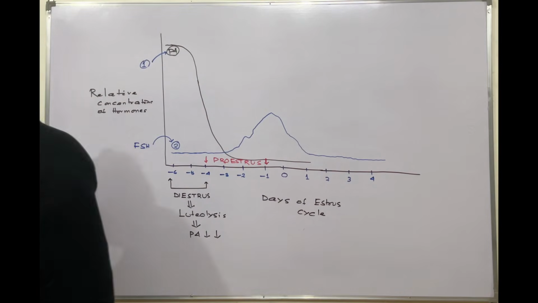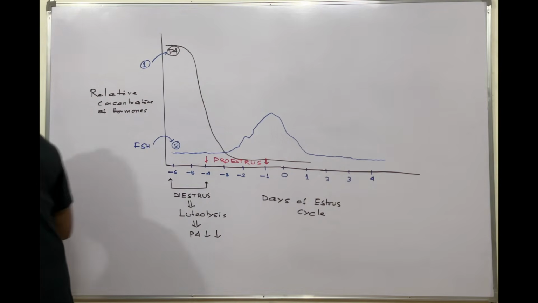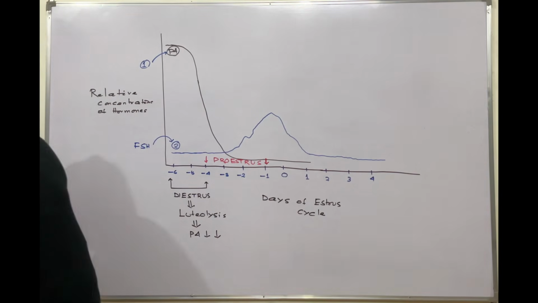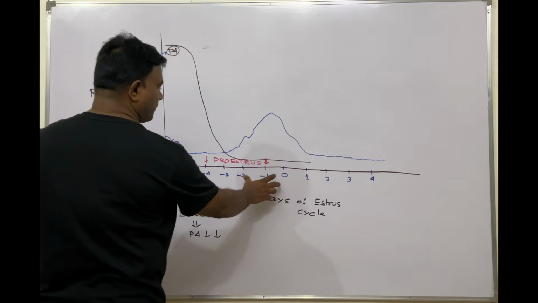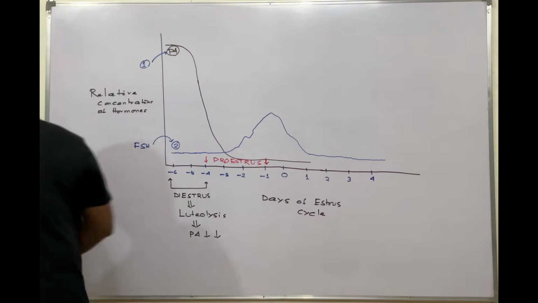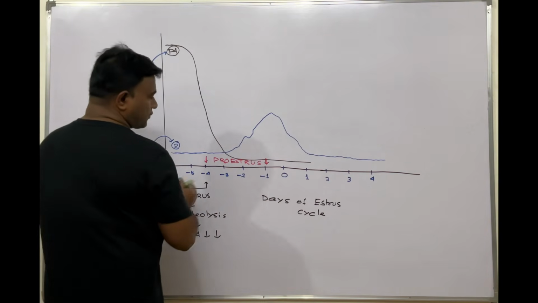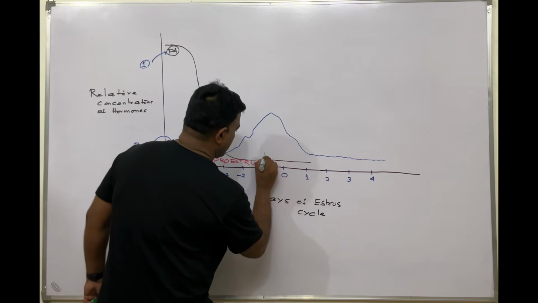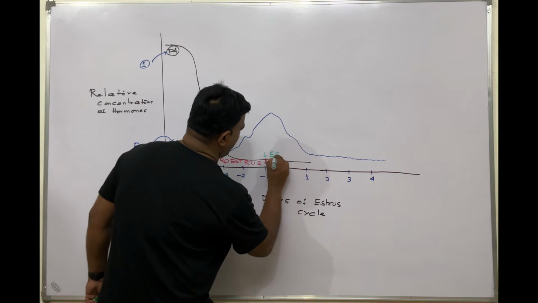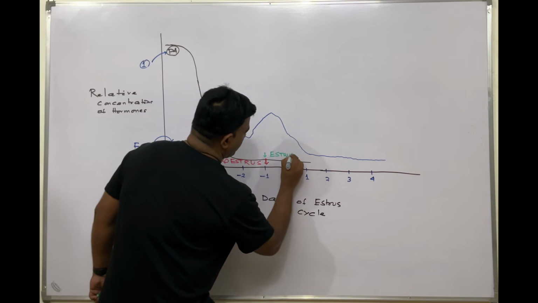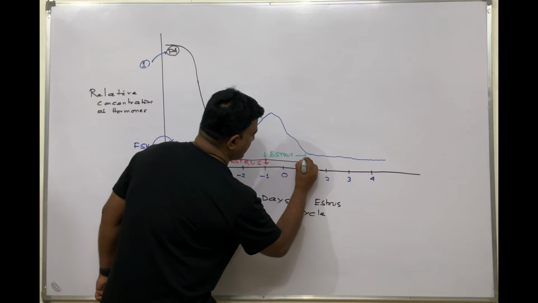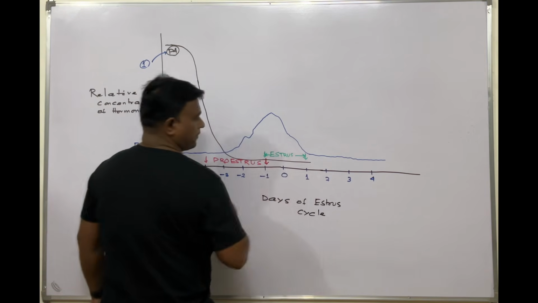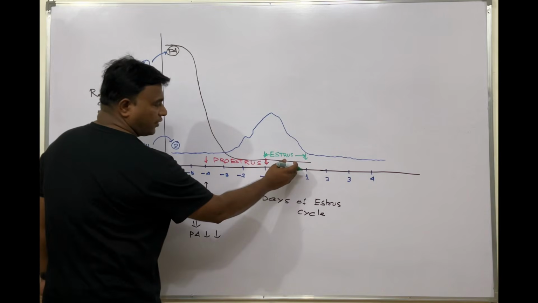Now coming to the green pen, because I need to show the estrogen level. The proestrus is over. Now from this -1 to 1, see my green one, this is the phase of estrus, and estrus is going to be over.